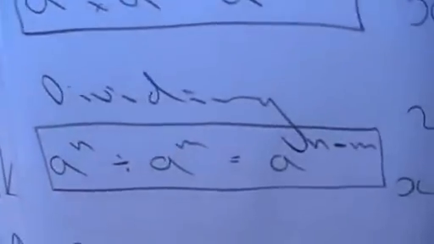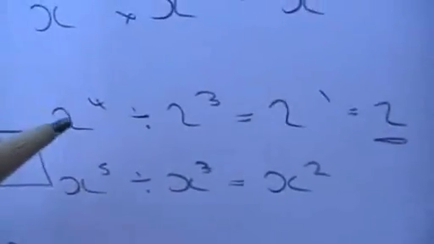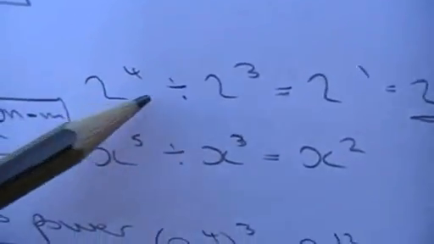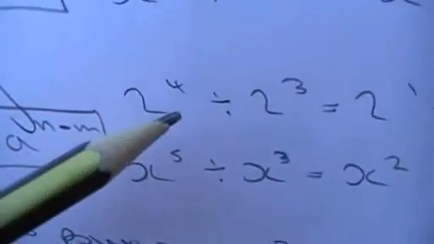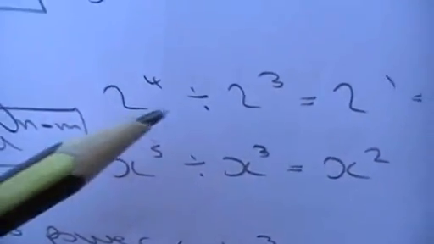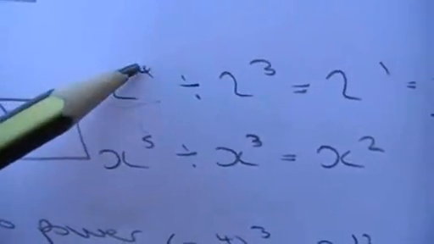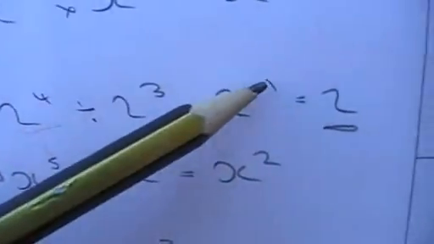When you're dividing, you take away. So when you're multiplying, you add the powers. When you're dividing, you take them away. Okay? Because you're effectively dividing, so you're cancelling out. So here I've got 2 to the power of 4 divided by 2 to the power of 3, which means those 3 cancel out with 3 of those 4, leaving you just 1, which you can just write as 2.